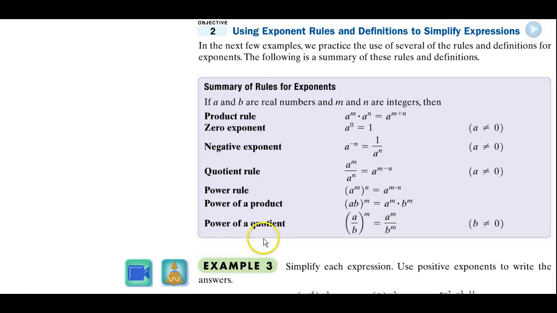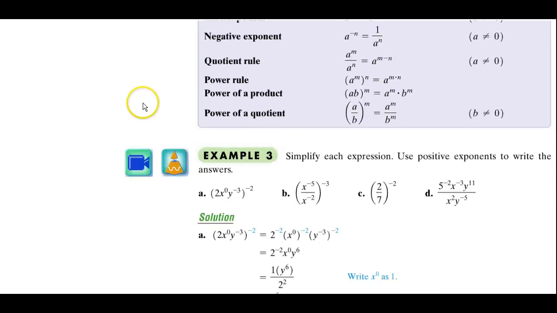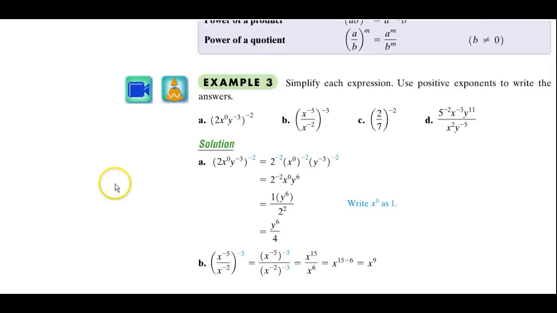Okay, so we're going to get some mixed practice now in example 3. Now in 3a, we've set it up here. Again, we might say, what is x to the 0 power? Well, this is a 1. So we can actually take that out of there. That's just a 1.